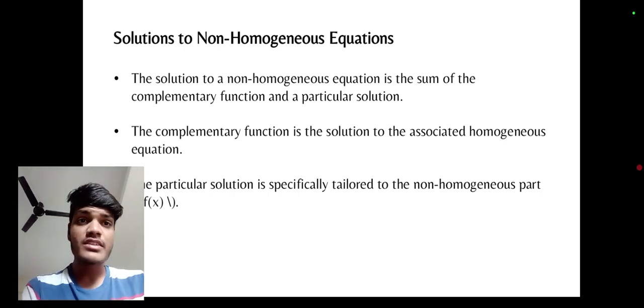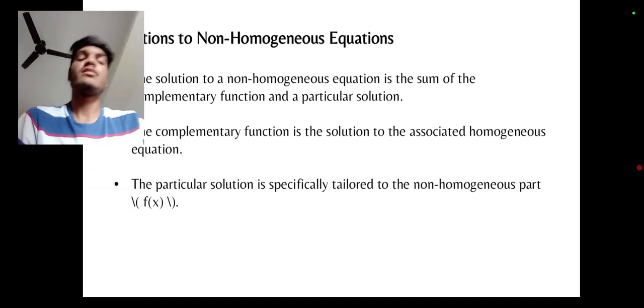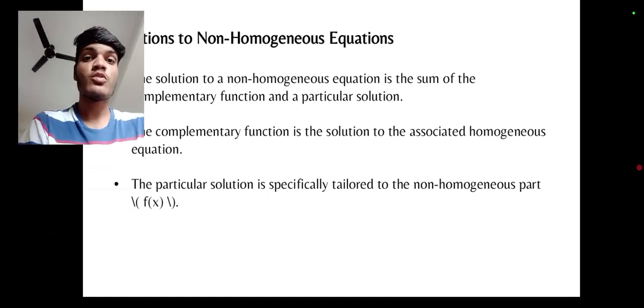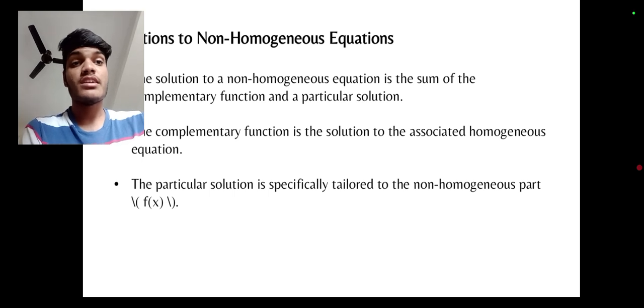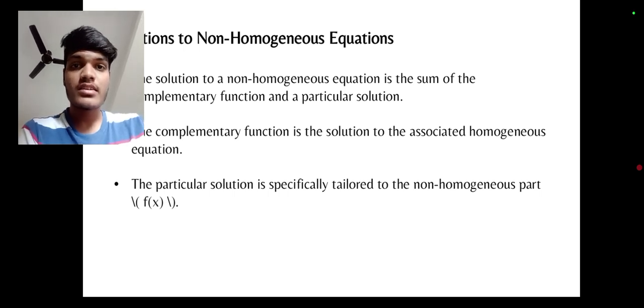The complementary function is the solution to the associated homogeneous equation. It is for the homogeneous equation, not the non-homogeneous one. The particular solution is specifically tailored to the non-homogeneous part, like f of x.